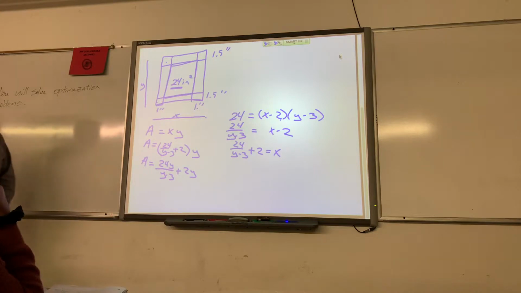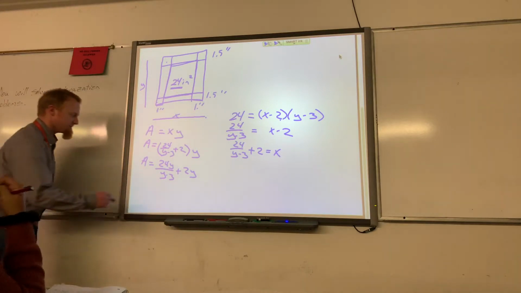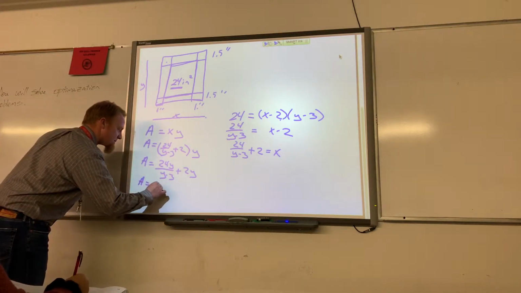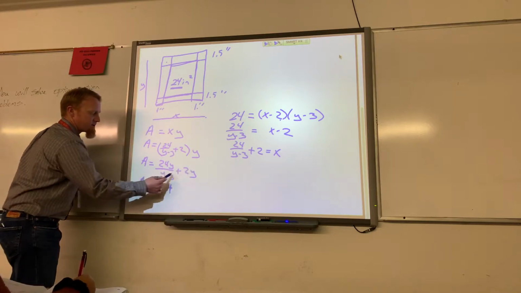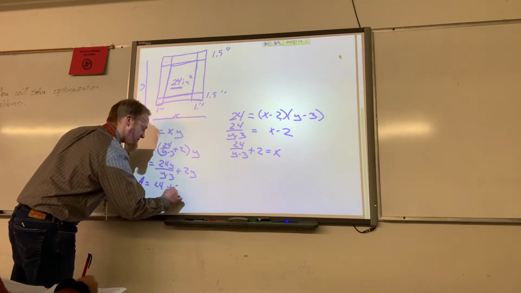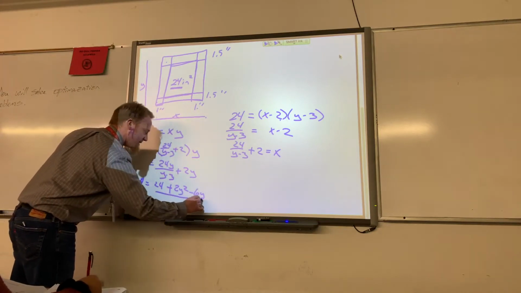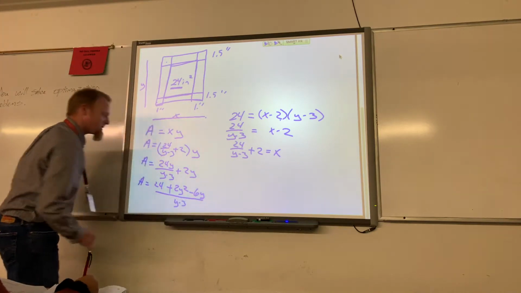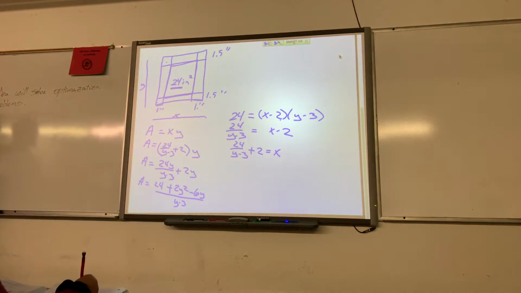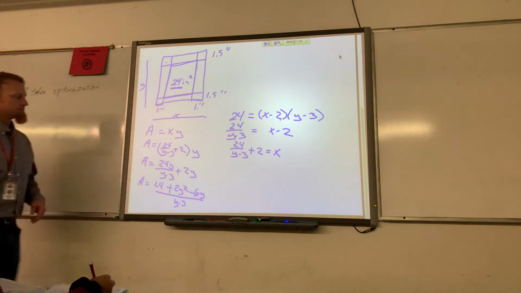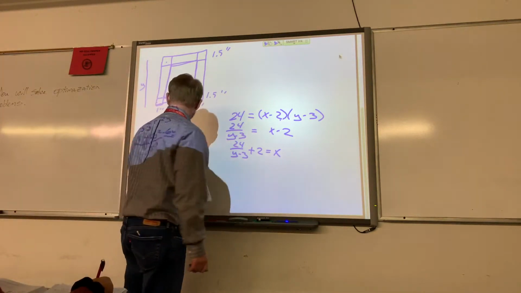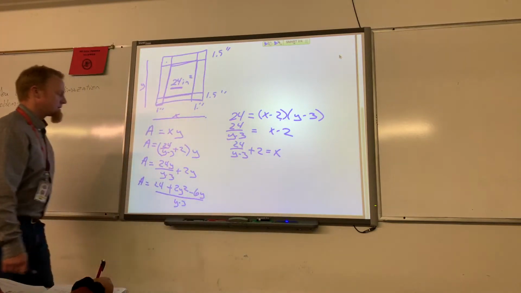All right, what's next? I would do one more thing before I get the derivative. Common denominator is what I do. So 24 plus the 2y is going to have to go to both of these, so that's going to be 2y squared and then minus 6y, and all of that is over y minus 3. Would it not be easier to get rid of the fraction altogether?